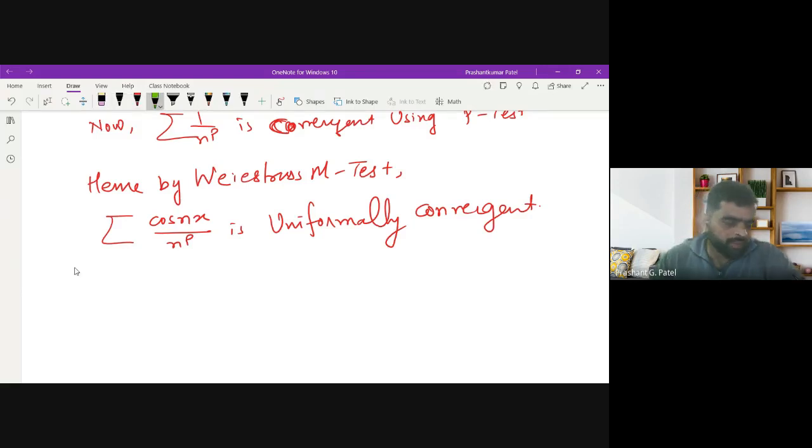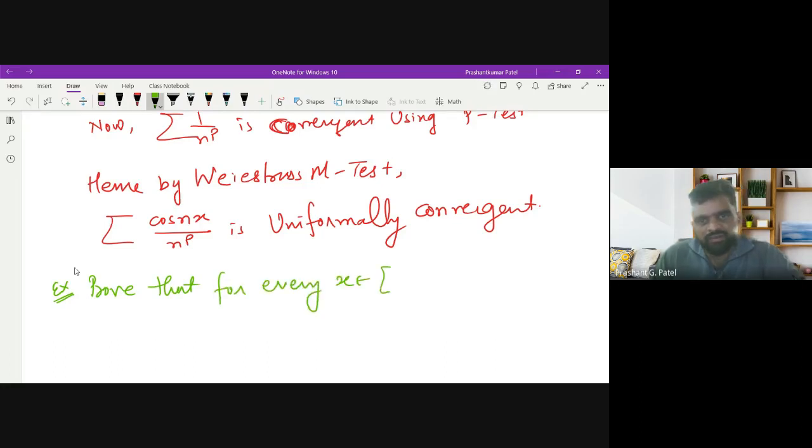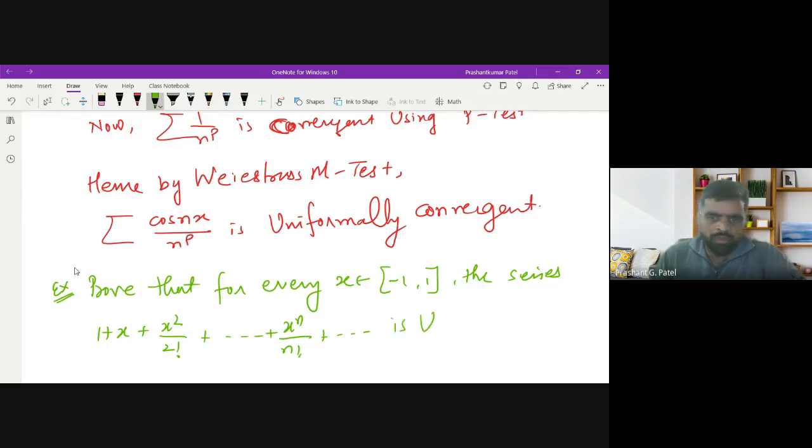Let's take another example. Prove that for every x in the closed interval -1 to 1, the series 1 plus x plus x square by 2 factorial and so on, up to x power n upon n factorial and so on, is uniformly convergent.